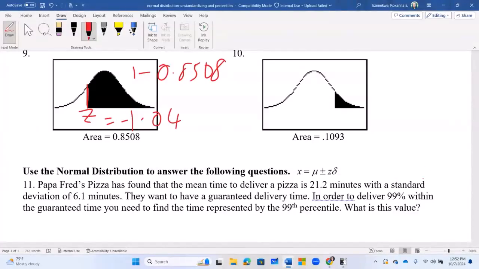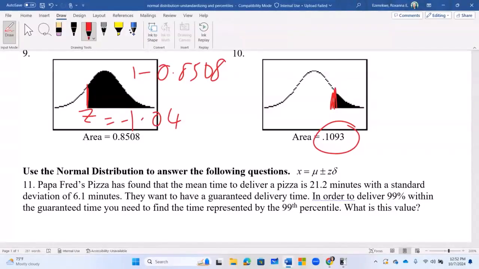All right, this time I'm going to be looking for a z-score on the right-hand side of the mean. This area is 0.1093. So I want to find the z-score corresponding to this point in the normal curve. And that point is on the right-hand side of the mean.